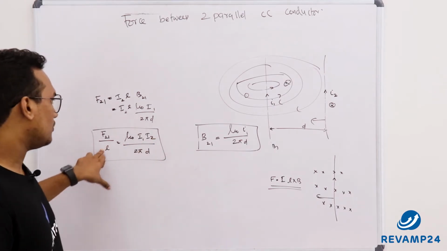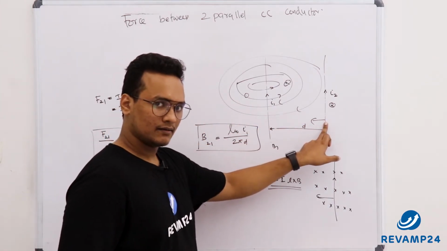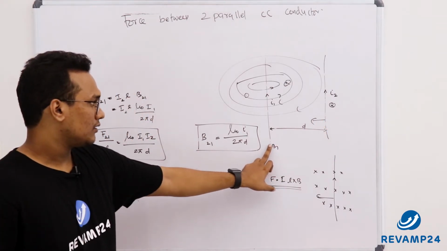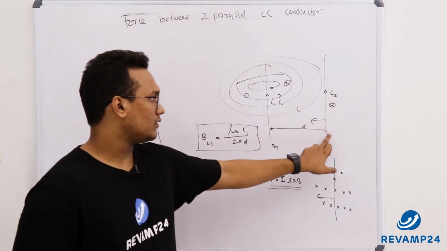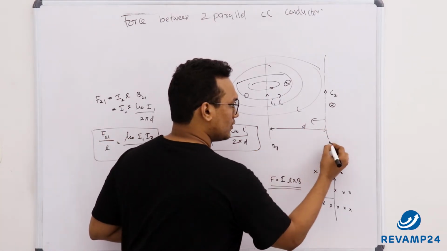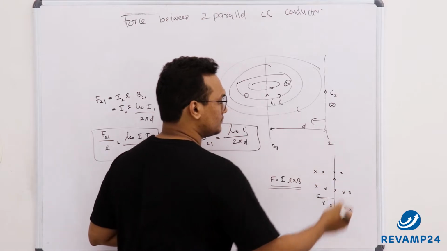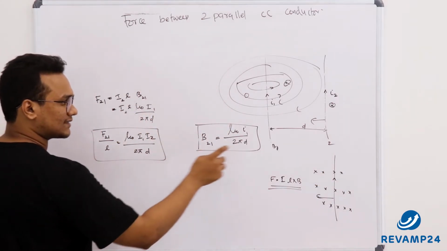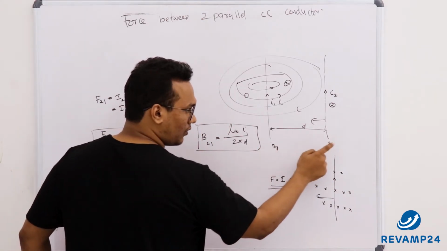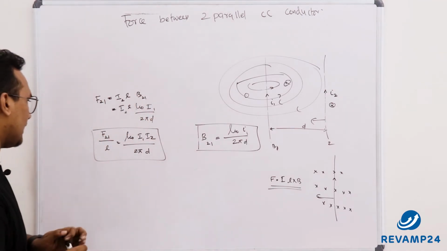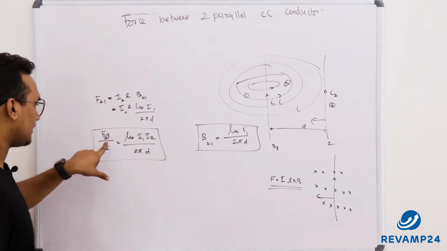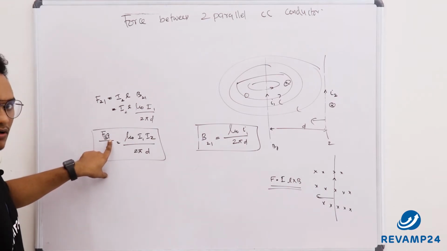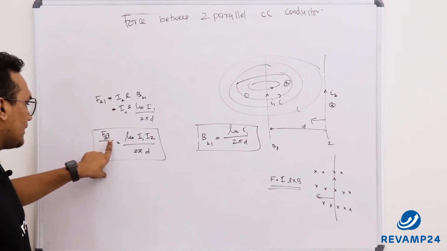So what is this value? It is the force exerted by 1 on 2. I'll repeat it. Force exerted by 1 on 2 per unit length, the force exerted on 2 by 1, the reason being that 1 is exerting on the current carrying conductor 2.